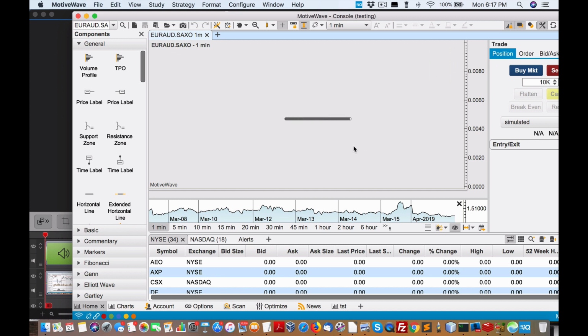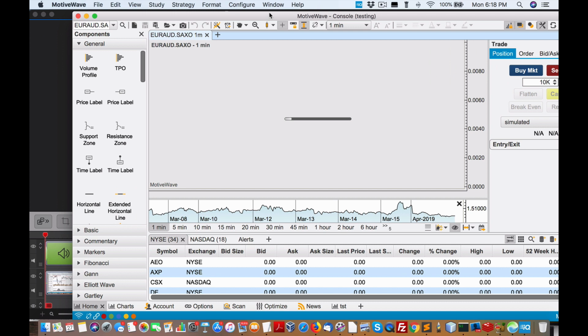So let's see if this works. Now remember, I have access to, I believe, tick level. So let's see if this loads up. I've got so much access to stuff, it's crazy, and I'm not using it. I should be really focusing on MotiveWave, because it just expedites my ability to look at data.